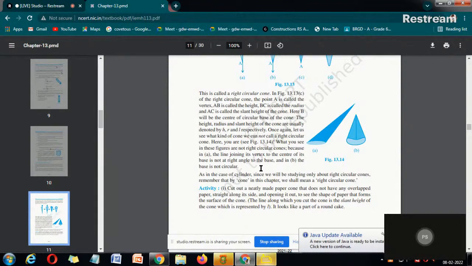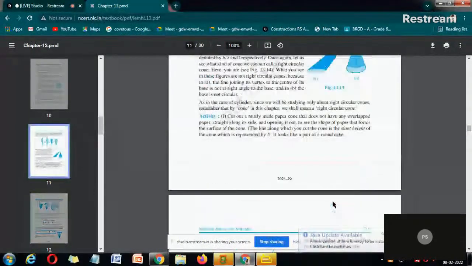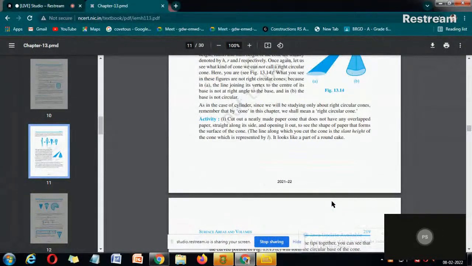There is an activity given. You can do that. Cut a neatly made paper cone that does not have any overlapped paper straight along its side and open it out to see the shape of the paper that forms the surface of the cone. It looks like a big part of a round cake.